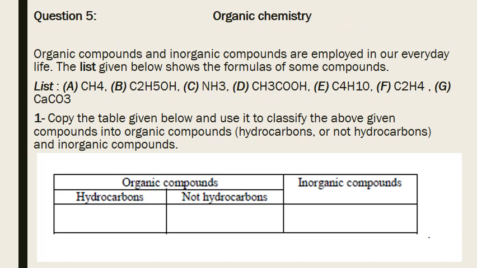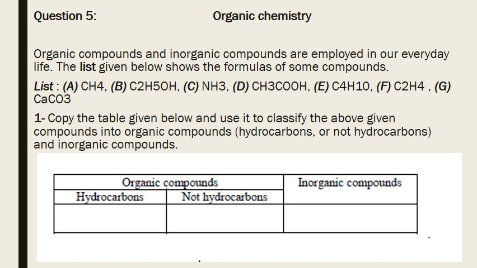Question 5 says, organic compounds and inorganic compounds are employed in our everyday life. The list given below shows the formulas of some compounds. So there's the list. Copy the table given below and use it to classify the above given compounds into organic compounds, hydrocarbons or non-hydrocarbons, and inorganic compounds. Hydrocarbons are molecules that have hydrogen and carbon atoms only, so we just look at the ones that have only carbon and hydrogen.